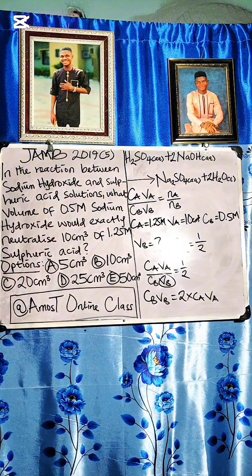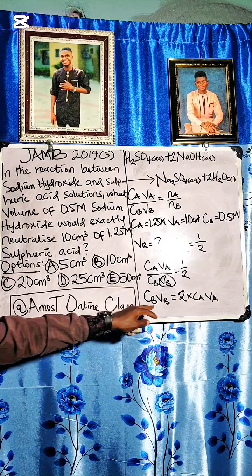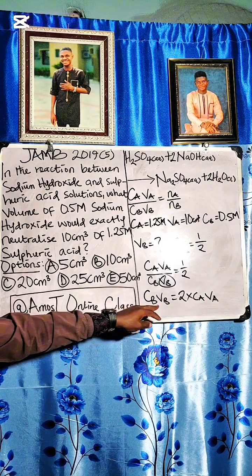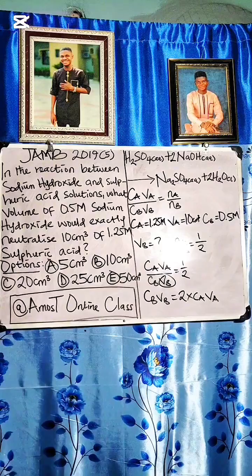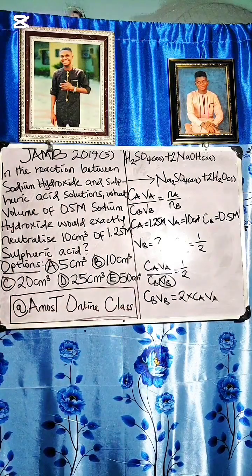Now we are looking for VB, and how do we make VB the subject of the formula? It's still very simple. We're going to divide both sides by CB.